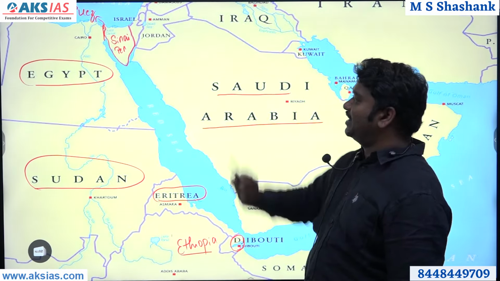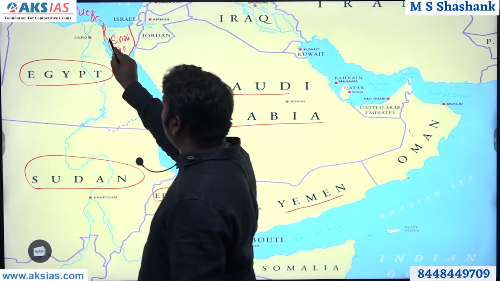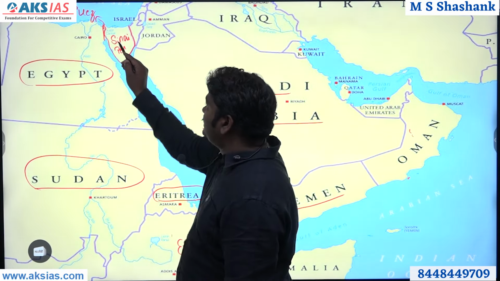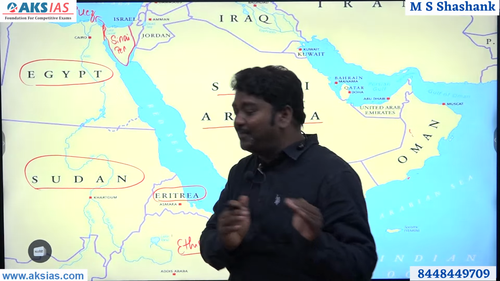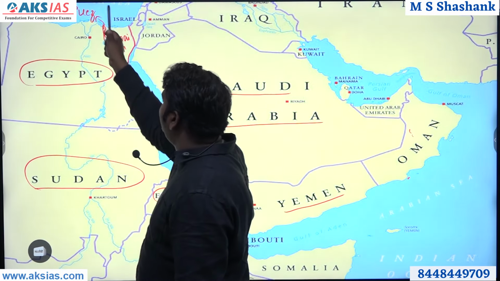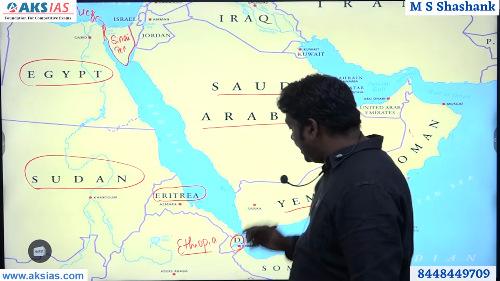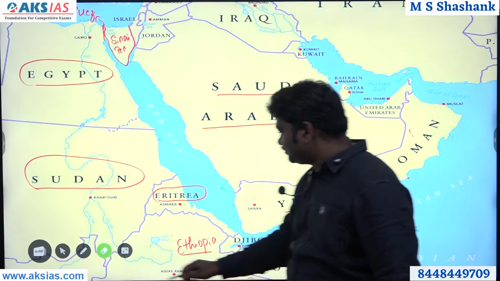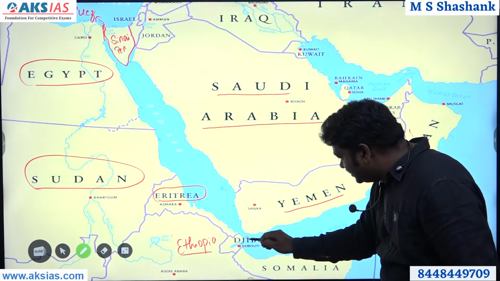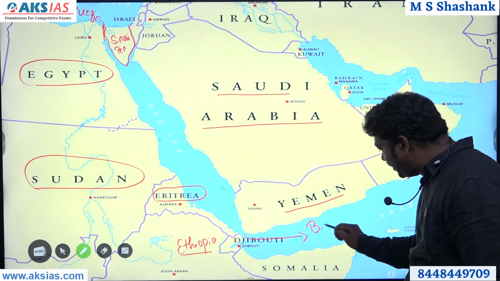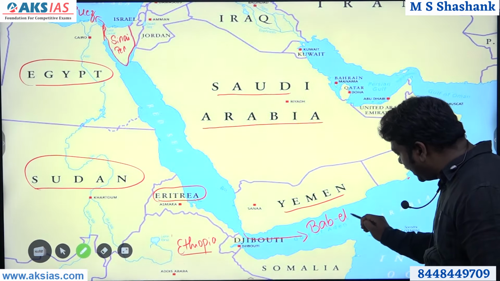Right? Suez Canal is completely part of Egypt, and it connects Mediterranean Sea with Red Sea. I repeat, it connects Mediterranean Sea with Red Sea. And if you check this particular part, this particular one is called the Strait of Bab el-Mandab.